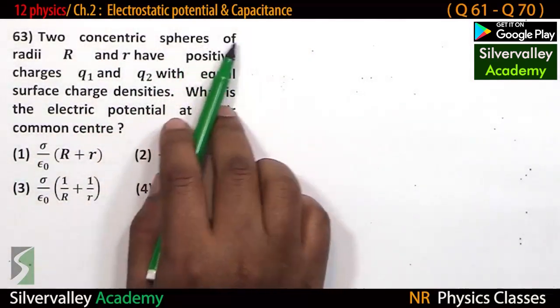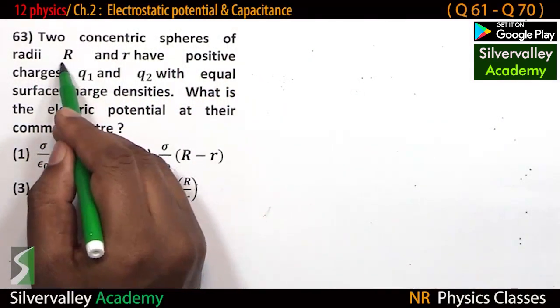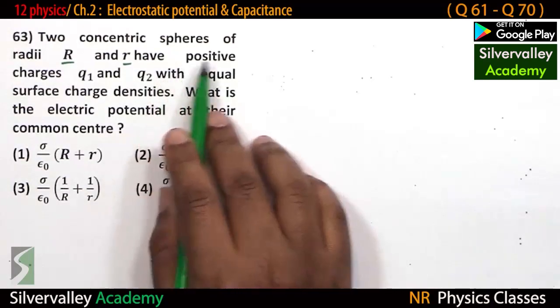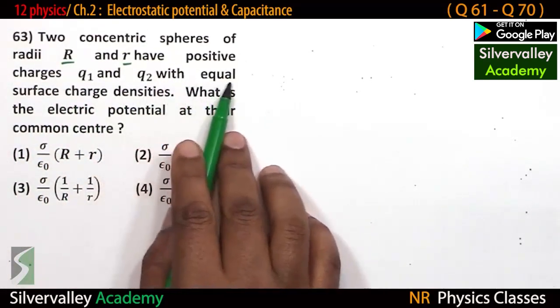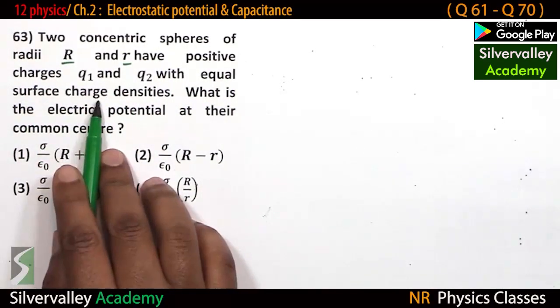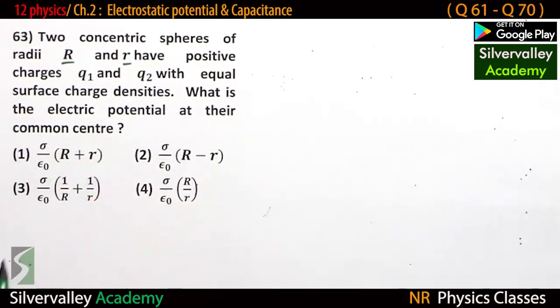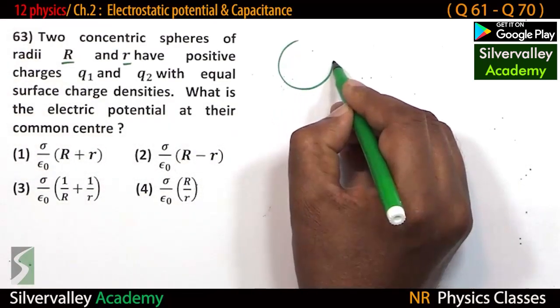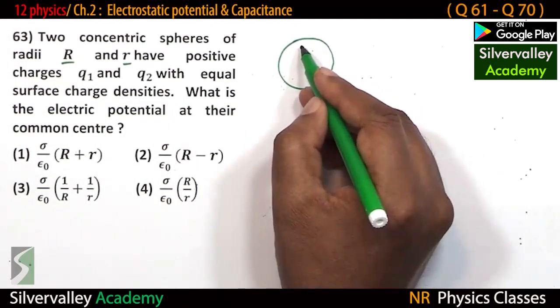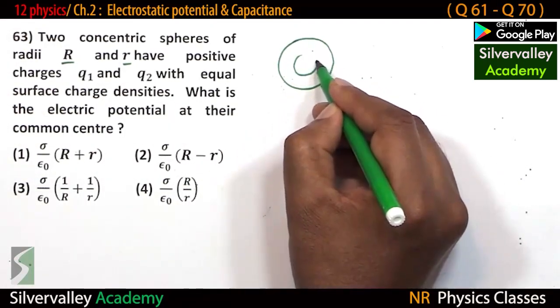Two concentric spheres of radii capital R and small r have positive charges Q1 and Q2 with equal surface charge densities. What is the electric potential at their common center? This is the outer sphere, this is the inner sphere.